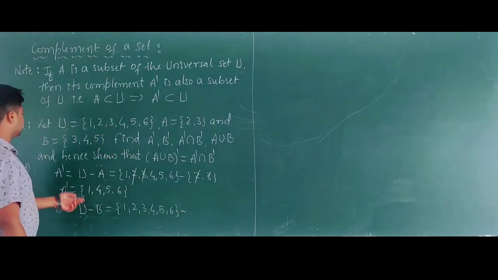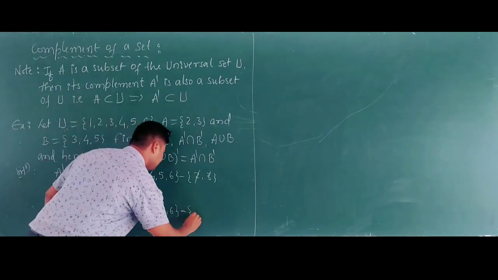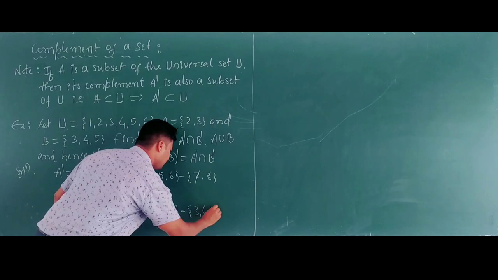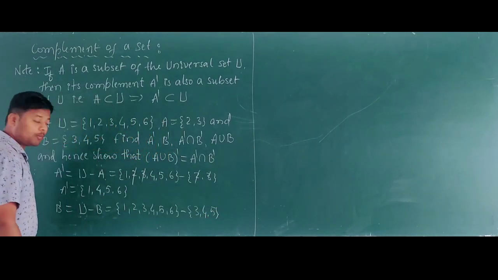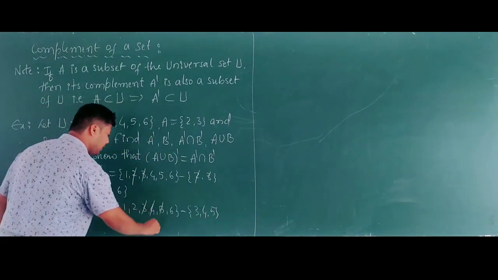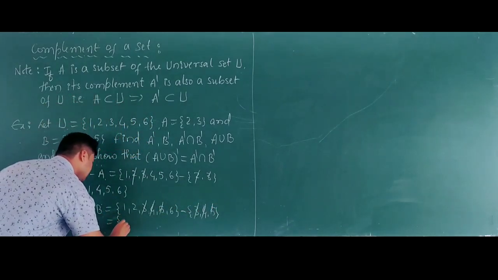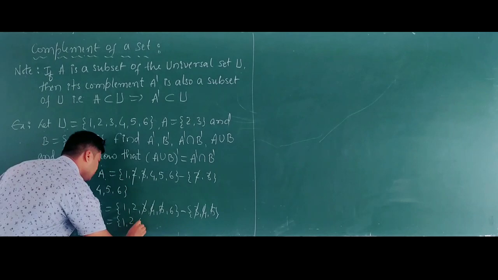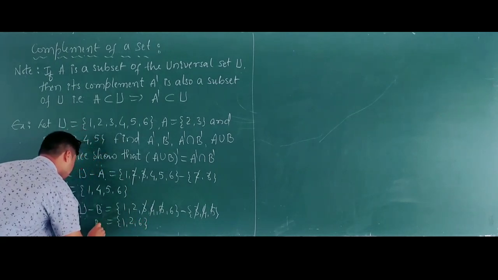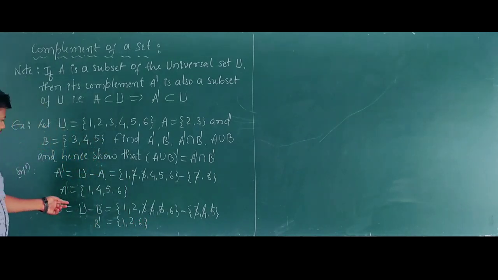Minus, what is set B? 3, 4, 5. Cancel the common elements 3, 4, 5. What are the remaining elements? 1, 2, 6. So this is B dash.